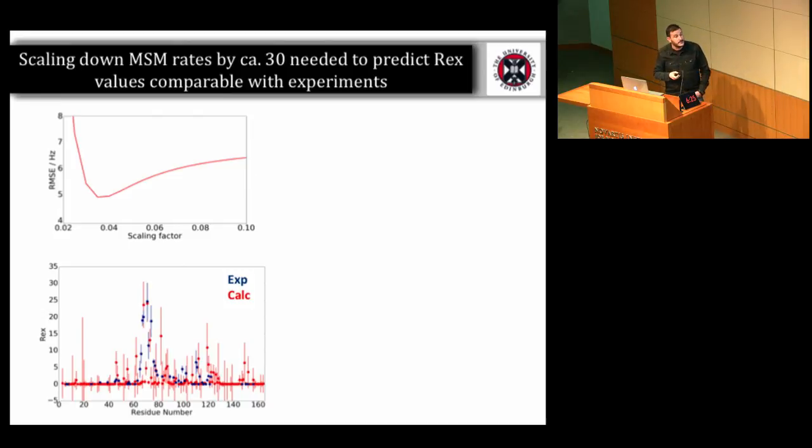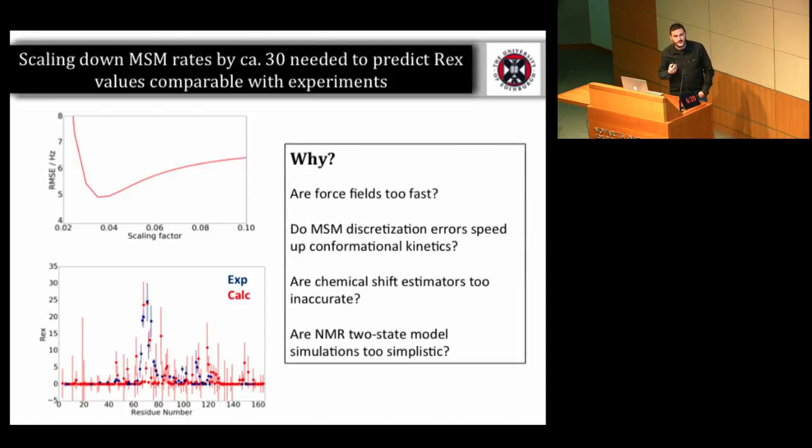That was nice, but the question remained, and I would appreciate any help that you can provide on this: why do we need to scale down the rates? I can take the blame for the force fields here, but maybe we are also having problems with the discretization of the Markov model.